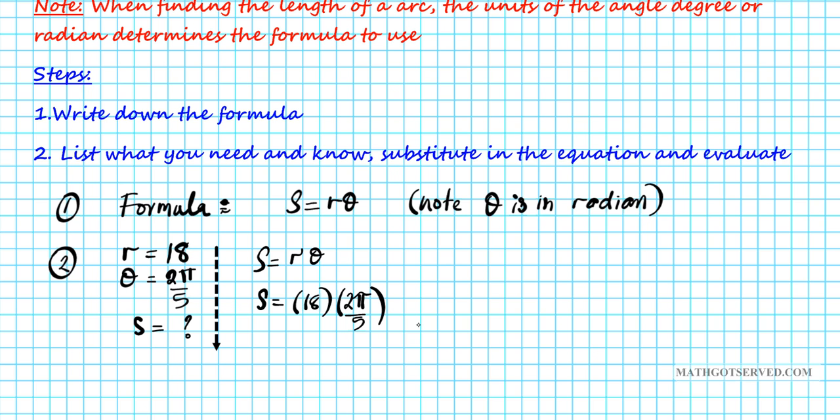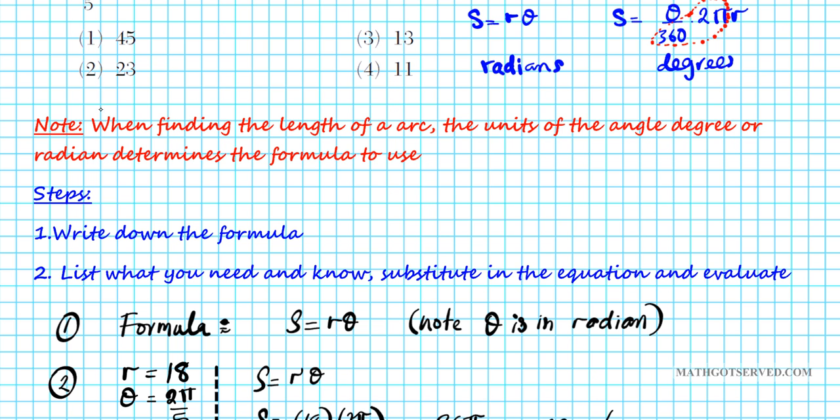Okay, and then what we'll do is we just simply plug this into our calculator. If you multiply this by hand, you have 36 pi over 5. When you plug it in your calculator and round it to the nearest inch, you are going to have 23 inches as your arc length. Okay, so answer is option number 2, 23 inches.